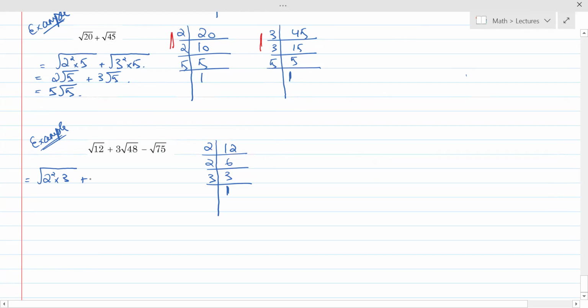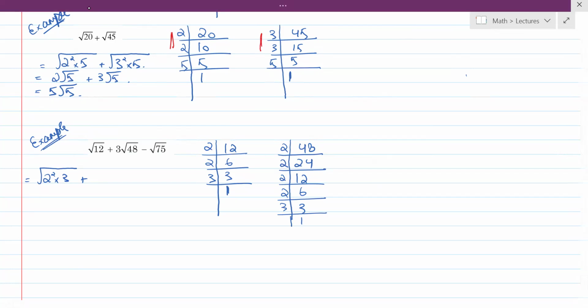plus. Now about this 3 under root 48, we'll do the prime factorization for 48 now. For 48, we start with 2. 2 24s are 48, 2 12s are 24, 2 6s are 12, 2 3s are 6, and finally 3 1s are 3.